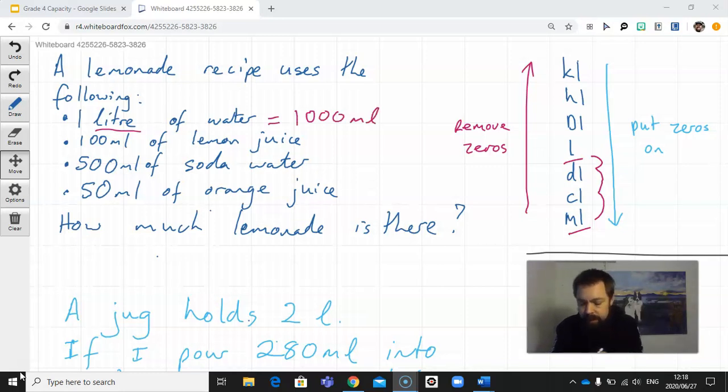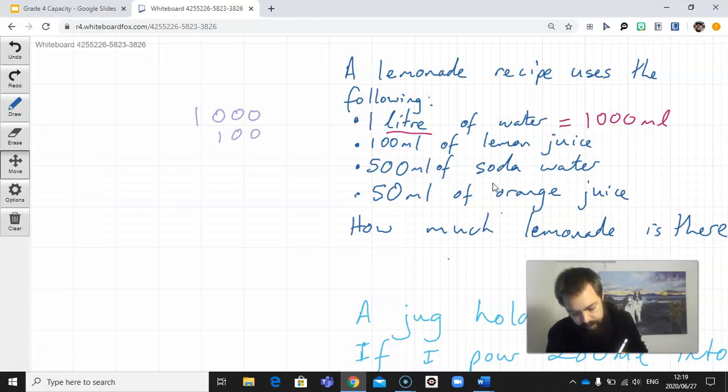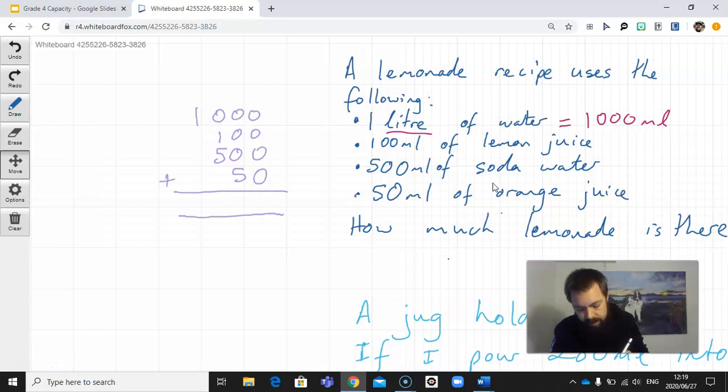So now what we need to do is to add together our different things, which I'm going to do. Let me slide it this way. So I have 1,000, and I have 100, and I have 500, and I have 50. That's all milliliters. I need to add that together. So I'm going to add my zeros, and I get 0.